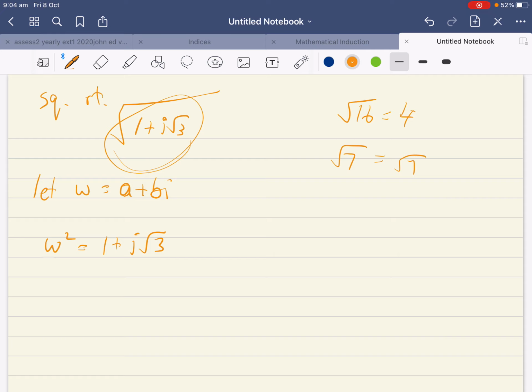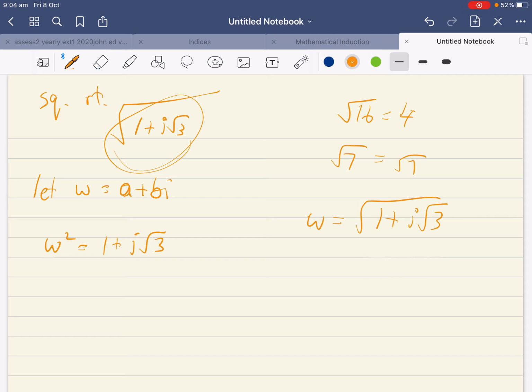So if we're going to let W be the square root of this, by the way, I'm putting the i at the front of the square root of 3 here just to show you that the i is not inside the square root. I actually prefer to write it like this, but then it can be a little bit confusing. Is the i a part of the square root or isn't it? So that's why I put the i in front.